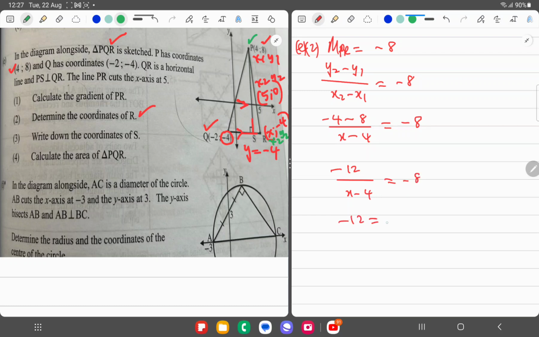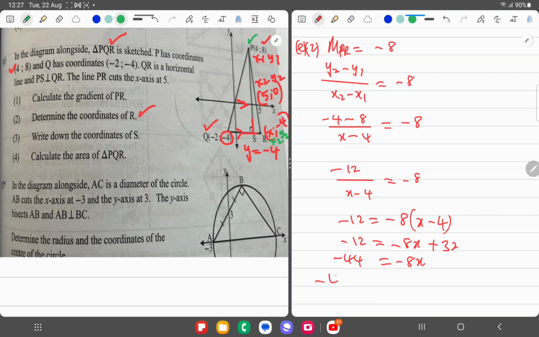So minus 12 equals minus 8 times x minus 4. This is minus 12 equals minus 8x plus 32, so minus 8x equals minus 44.